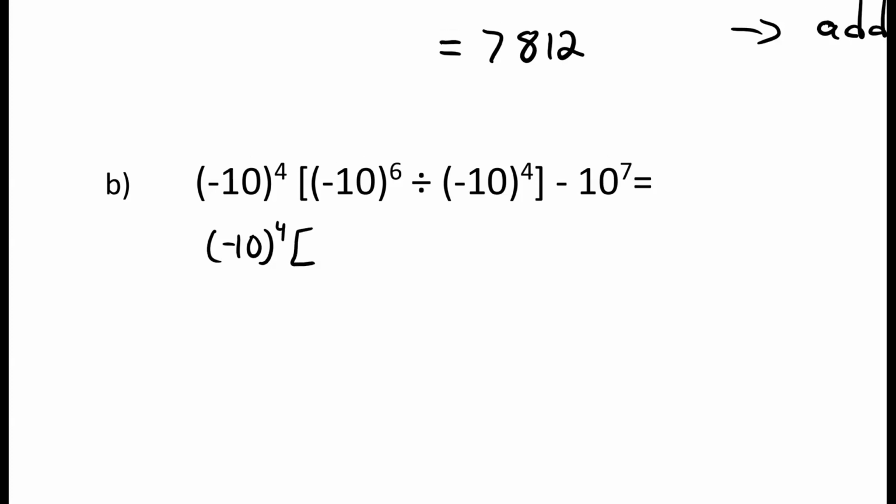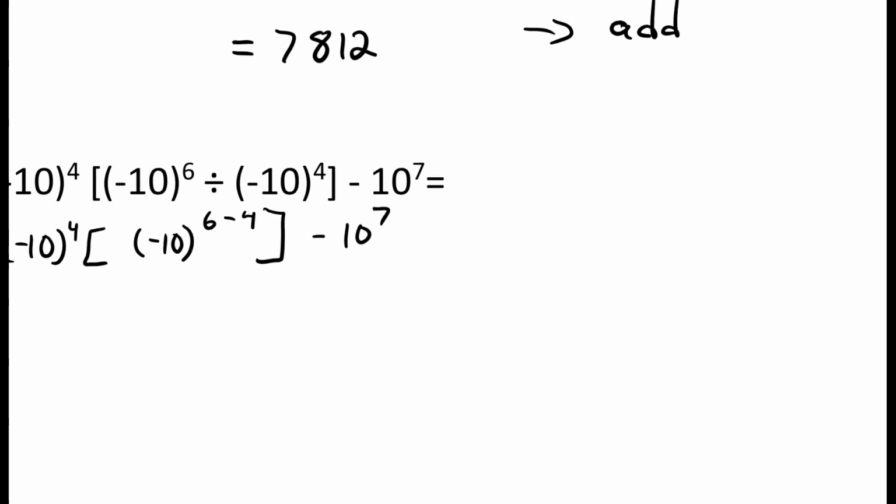And we want to pay attention to what's in the brackets, which is negative 10. And we have 6 subtract 4, closing those brackets. And we're not doing anything with this subtract 10 to the power of 7. So what we're doing is we're subtracting the exponents.